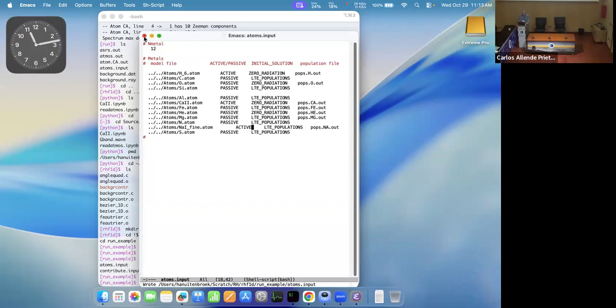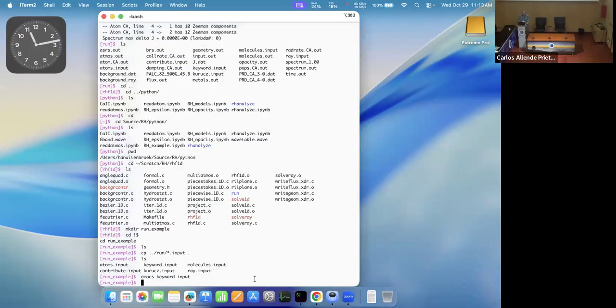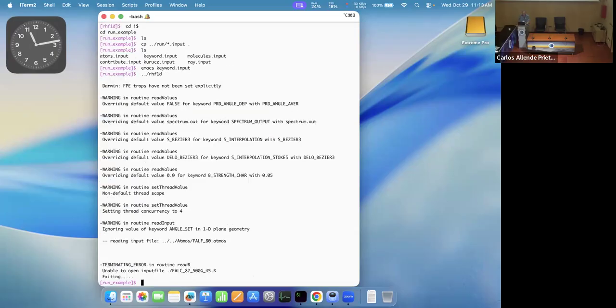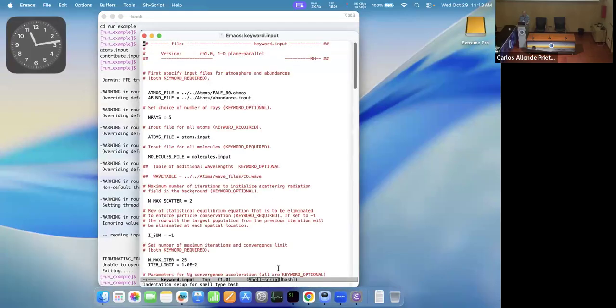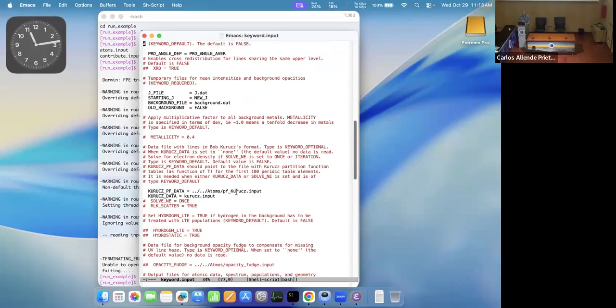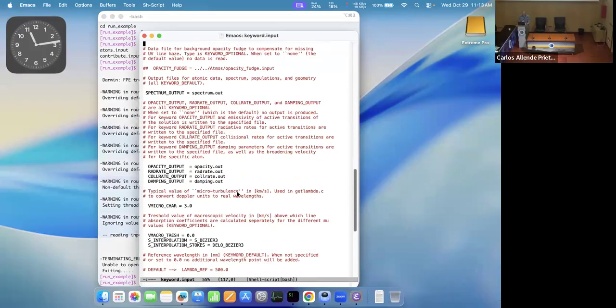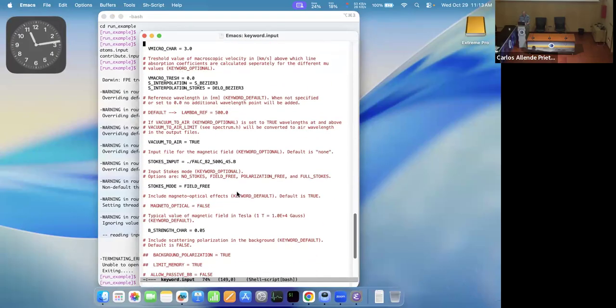Then I can now run with a different set of input. Oh, and I forgot one. It needs the magnetic field, but in this case, let's just turn off the magnetic field.